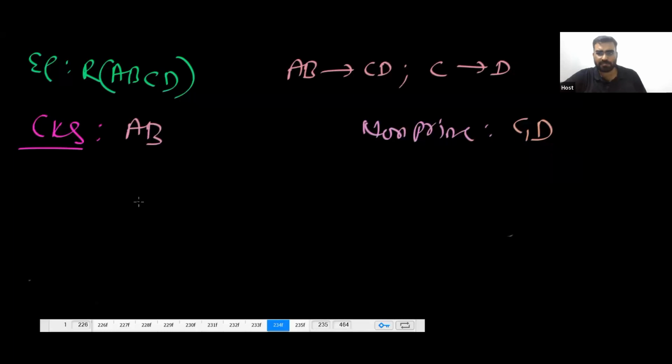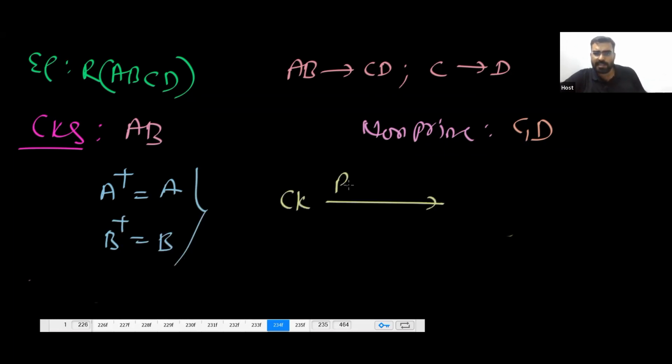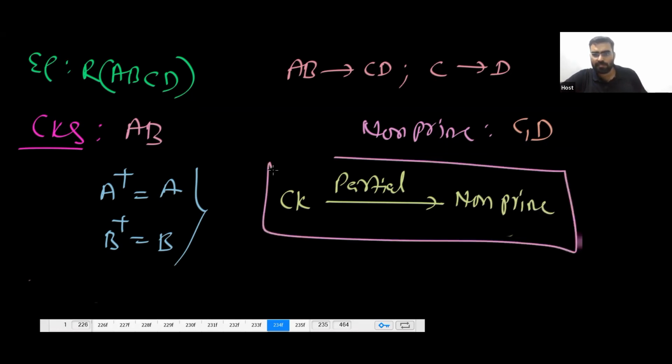In this relation, you can notice that A plus is A, B plus is B. So this is in 2NF because we do not have a candidate key partially determining a non-prime attribute. This is not there.